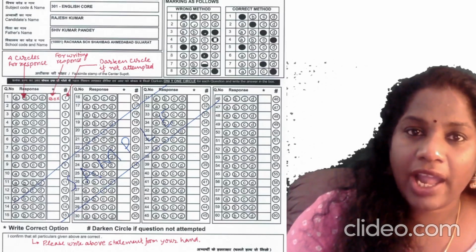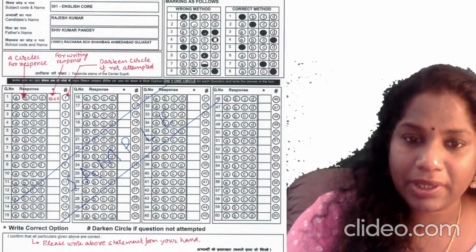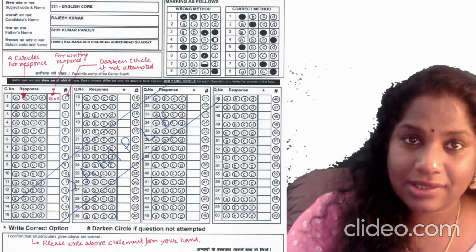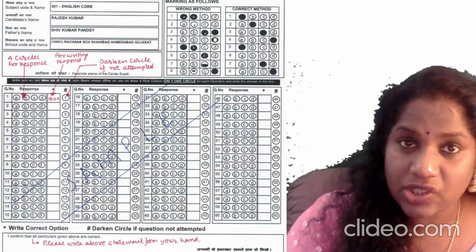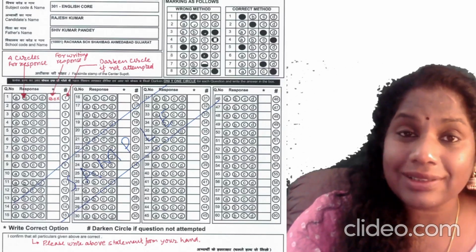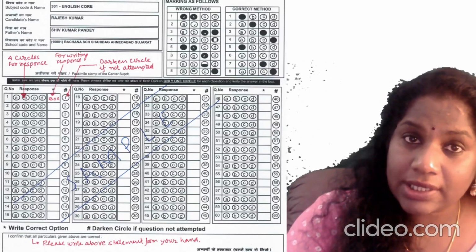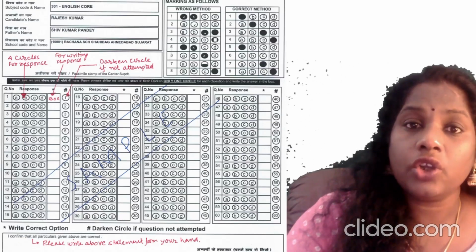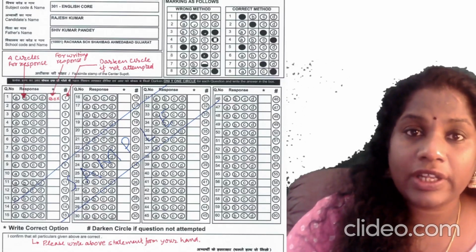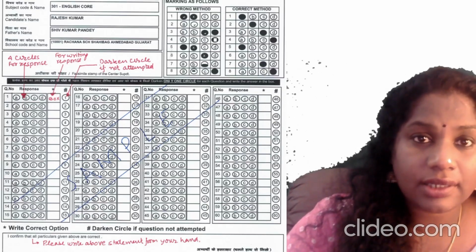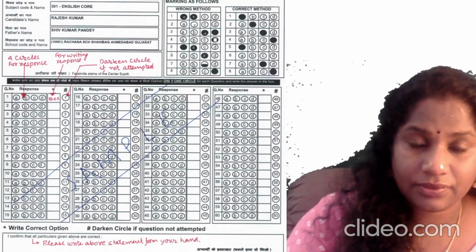Third thing that we have to look at in this sheet is they have given you space for 60 questions, but that is just given. You don't have to fill up all these 60 questions. If there are 45 questions in the question paper, you will fill only till the 45th question, not even a single question extra.